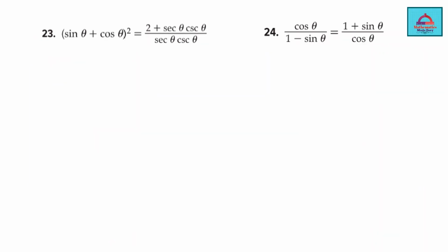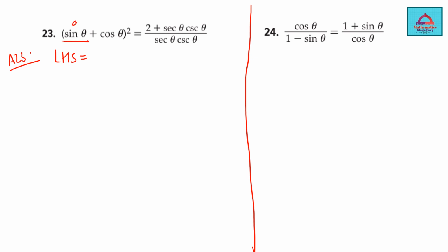Let's solve question number 23. I'm going to start with the left side for this part, and let's see how we can reduce it to the right side. Here it is first term, second term, and the power whole square. So I can use a little bit of algebra and expand using this identity.